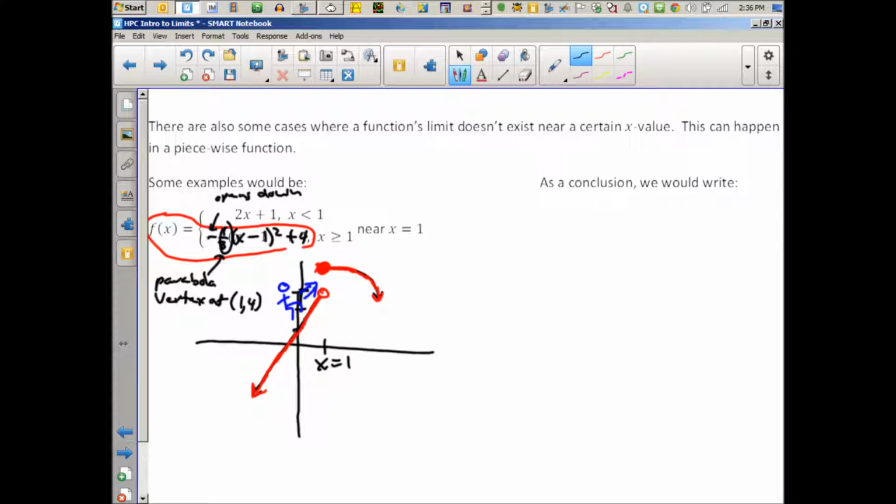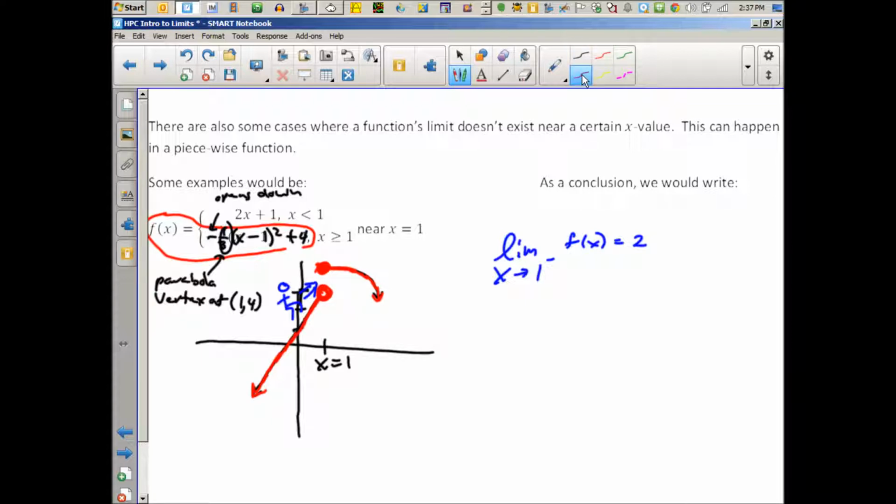He is rising towards a y value of 2. So you would actually write, for blue here, blue is for the boy, the limit as x goes to 1 from the left appears to be 2. That's the destination of the boy. He's trying to arrive at this open red point.